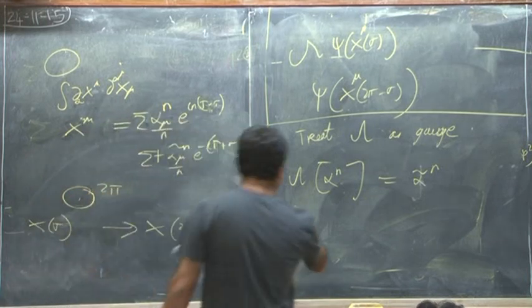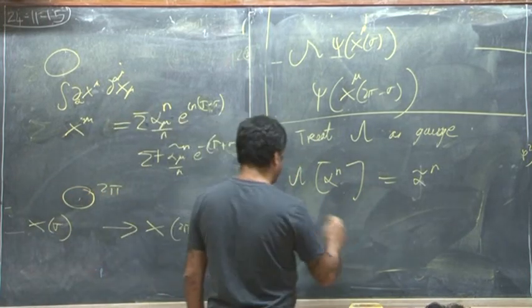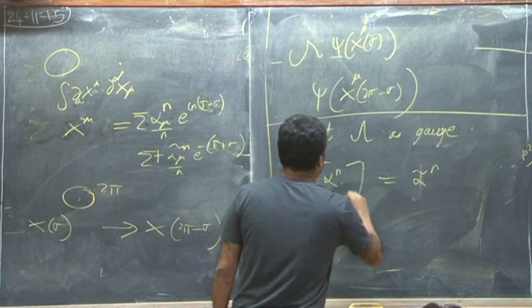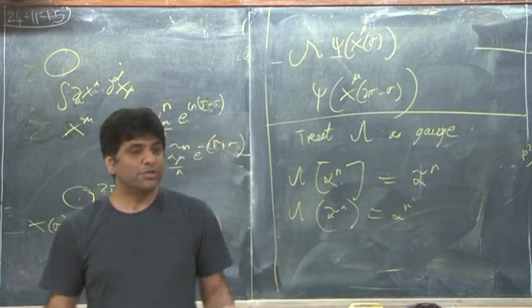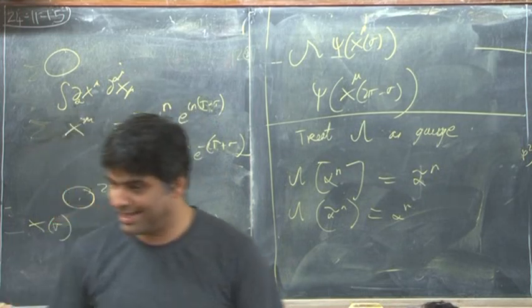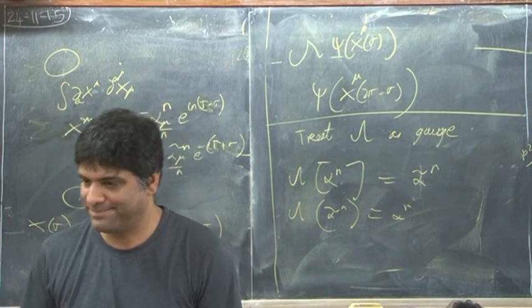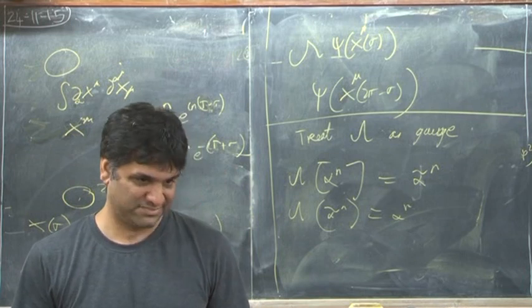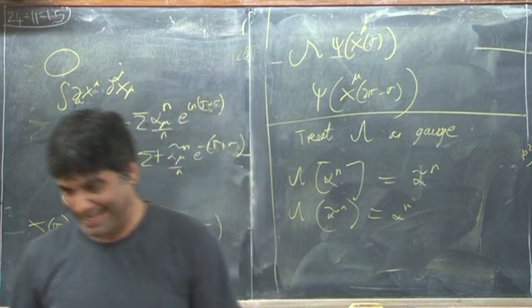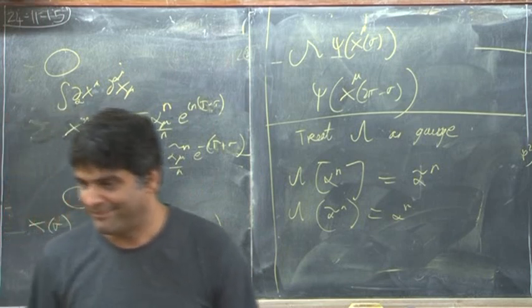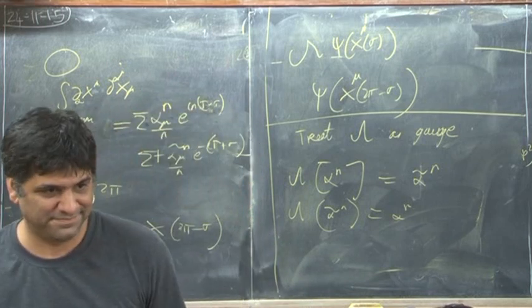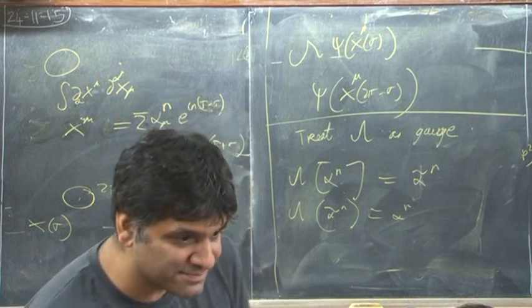So Ω acting on α_n is α̃_n, and Ω acting on α̃_n is α_n. So what we're doing is to gauge the theory by this exchange. It's clear what we're going to do, right? We're going to end up keeping only those states that are doing the same thing on the left as on the right.